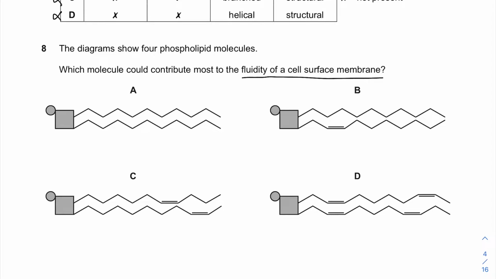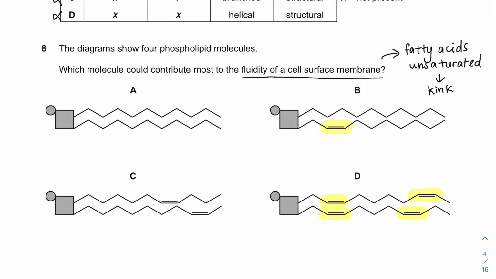So the fluidity of the cell surface membrane depends on the fatty acid tails, specifically the unsaturated fatty acid tail that causes a kink. This is a kink. What happens when there is a kink is that it can cause the fatty acid tails to be easier to separate.